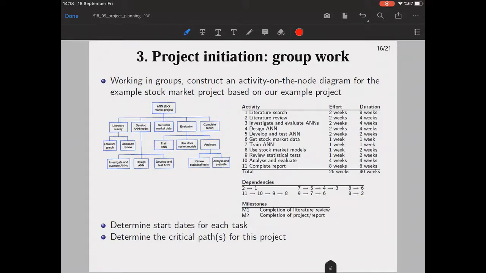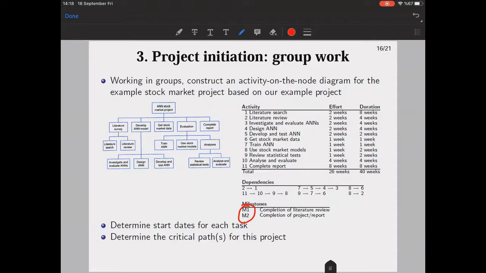Now the group work. Working in groups, construct an activity-on-node diagram for the example stock market project based on our example project. As you see, we just did the priorities between those tasks with the dependencies. We defined 2 milestones: completion of the literature review and completion of the project report.